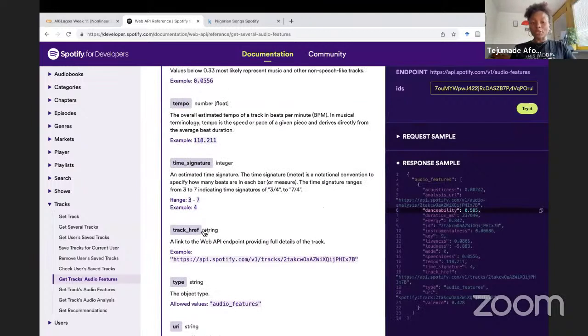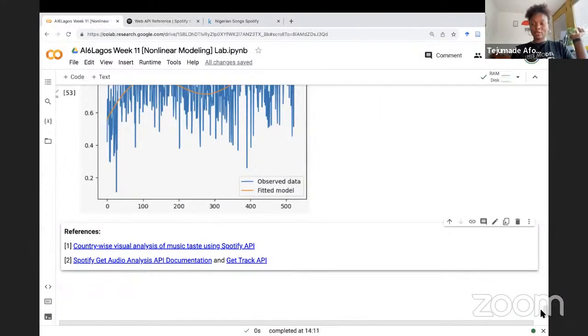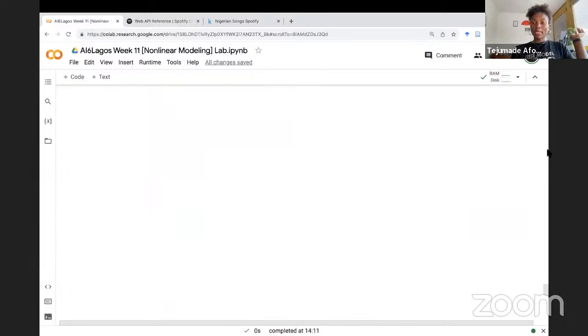So if you're curious about anything you don't understand, for example, when I looked at this, I did not understand what time signature was. When I read about it and Googled more, I was like, I see. So now I have a vague idea of what it means in this context, right? Okay, that is the Spotify web API.